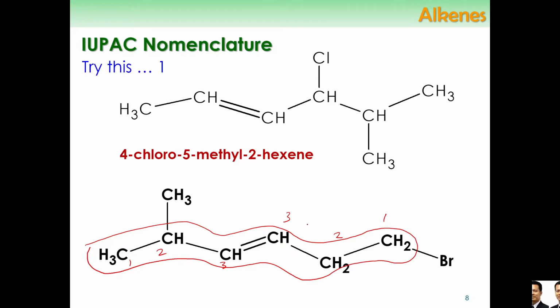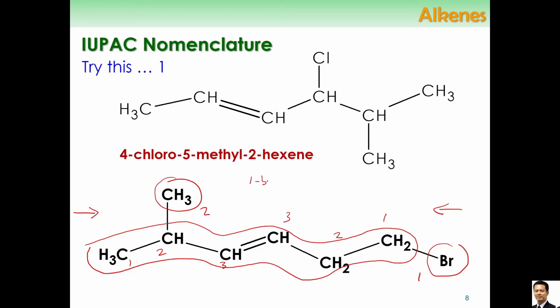You need to determine the substituent, the first point of difference. If you count from the right, the first substituent that you see is at carbon number 1. If you count from the left, the first substituent that you see is at carbon number 2. So this is what we call the first point of difference.